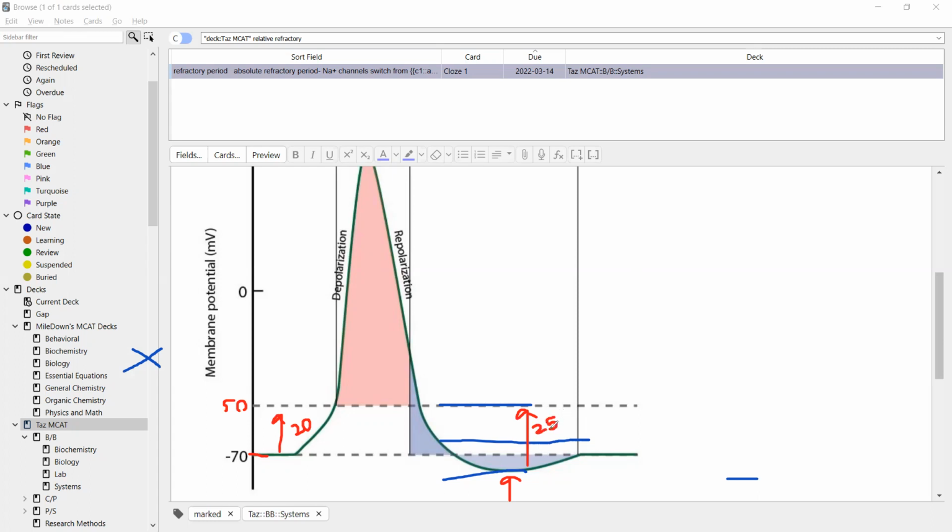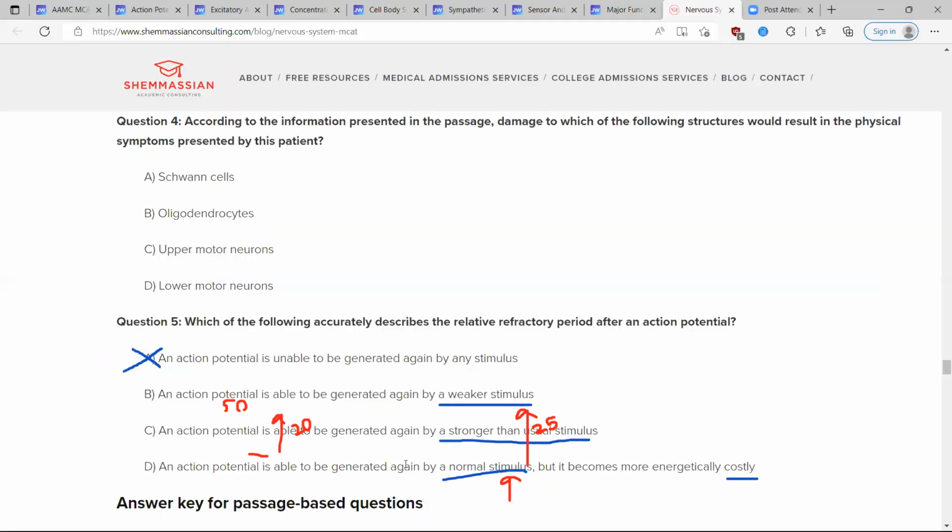So that stimulation of 25 microvolts is stronger than the stimulation of 20 microvolts. So that leads us to an action potential is able to be generated again. However, it needs to be through a stronger than usual stimulus.